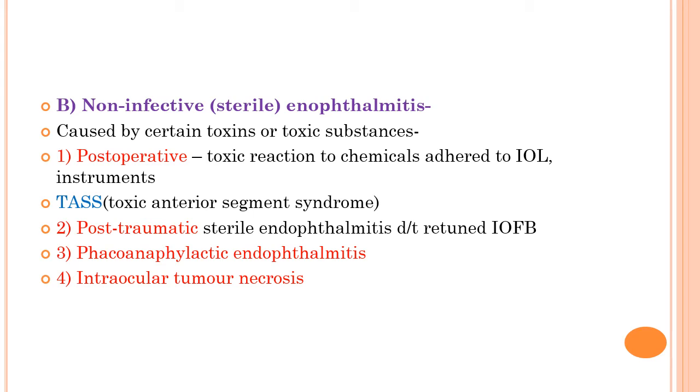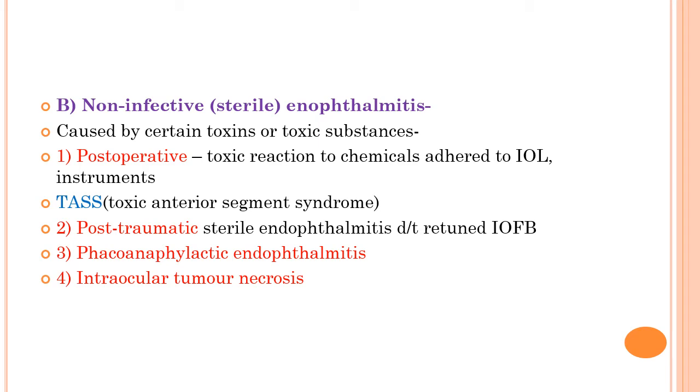And there is one more entity, we call it TASS, that is toxic anterior segment syndrome. The patient usually presents like post-operative endophthalmitis, but the severity is not much. Flare will be there, grade 4 cells will be there, but the loss of vision will be comparatively less. And post-traumatic sterile endophthalmitis occurs because of a retained intraocular foreign body.